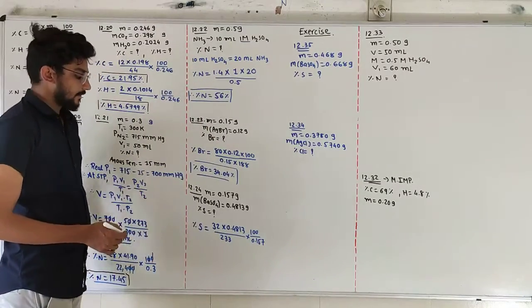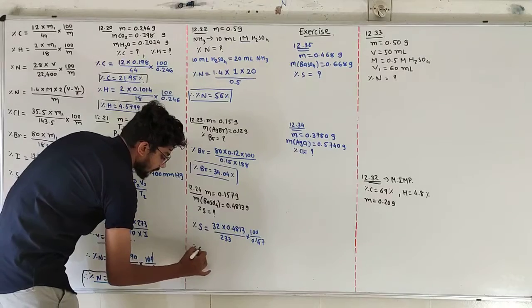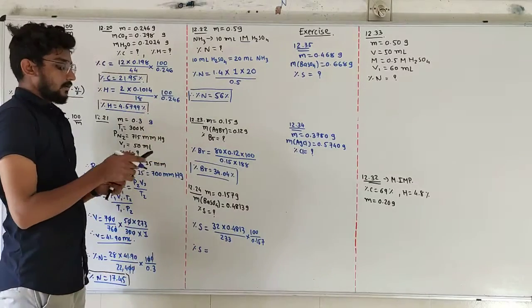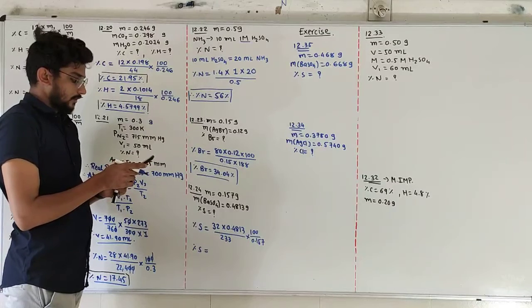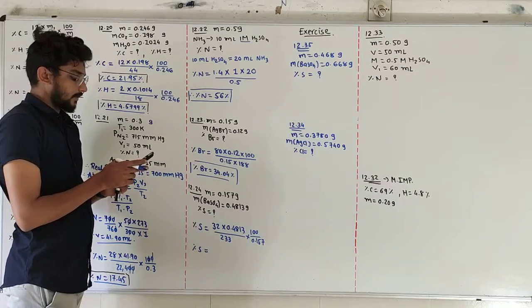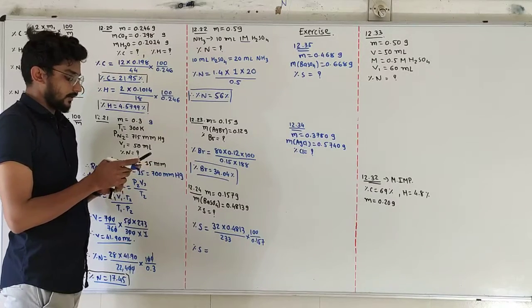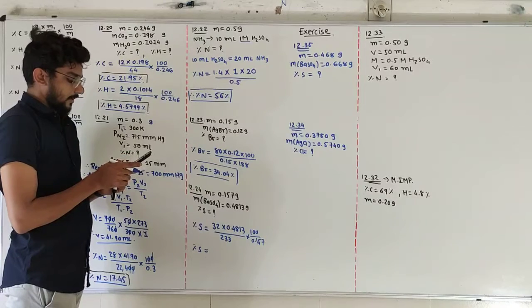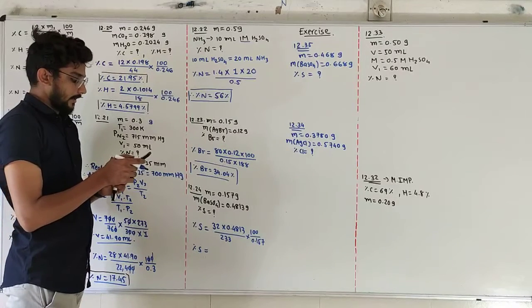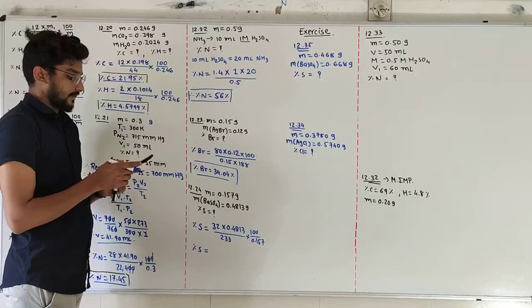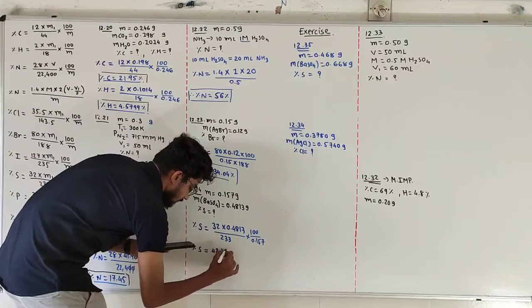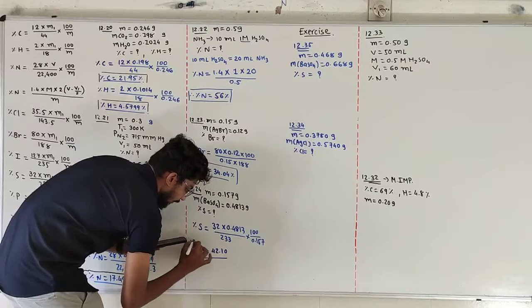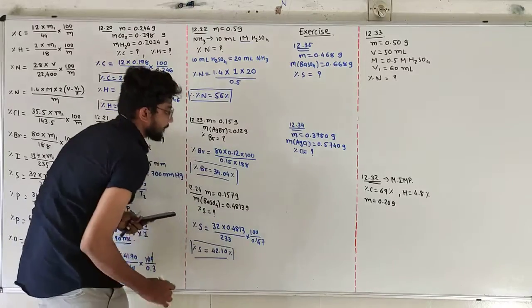So let's make it clear using the calculator. Simply 32 into 0.4813 into 100 divided by 233, again divided by 0.157. So the percentage of sulfur becomes 42.10%.